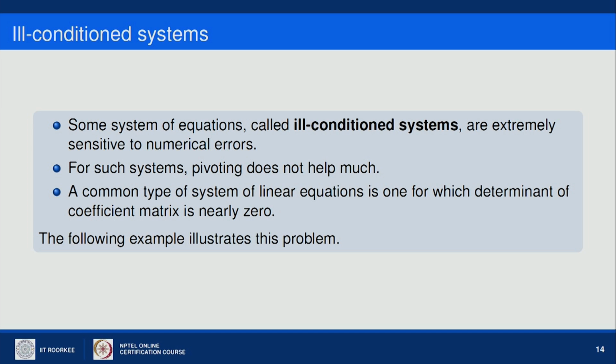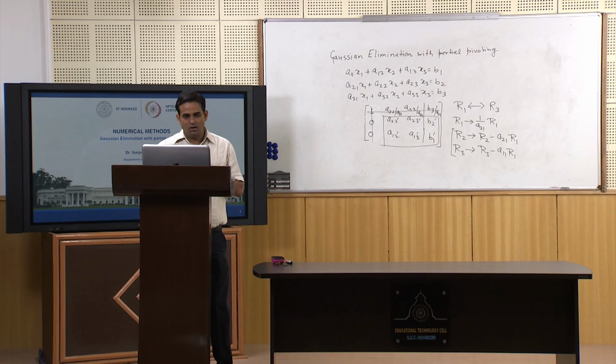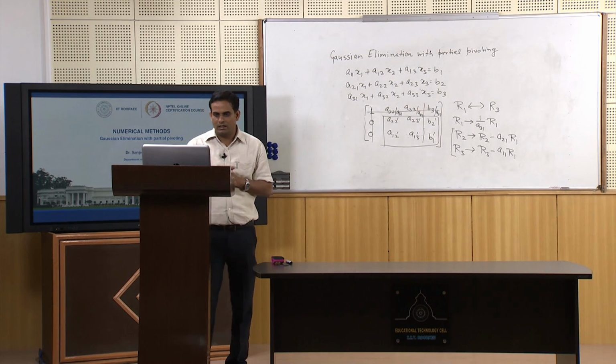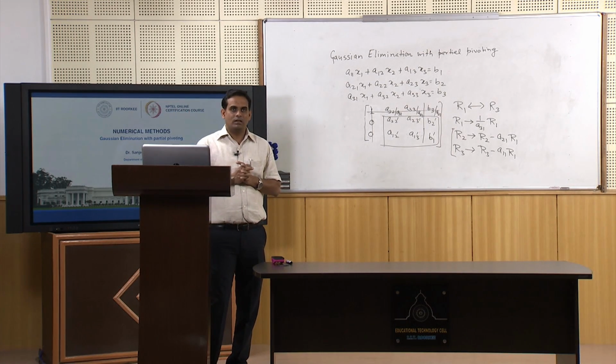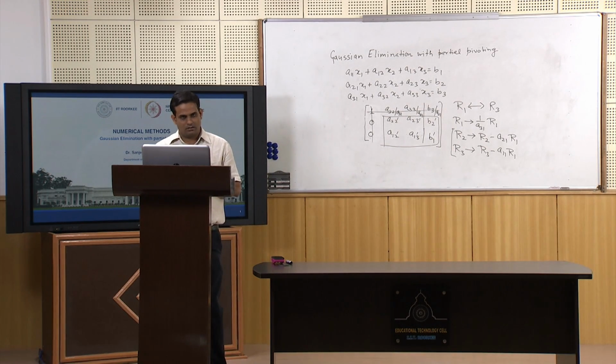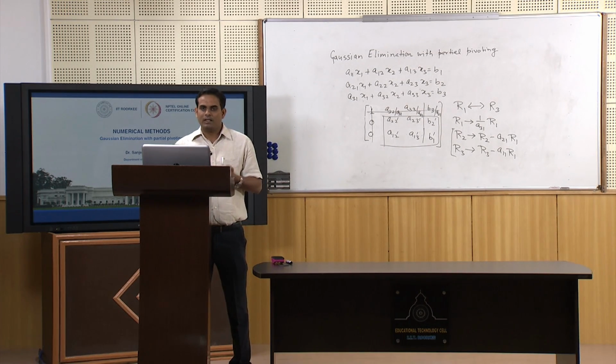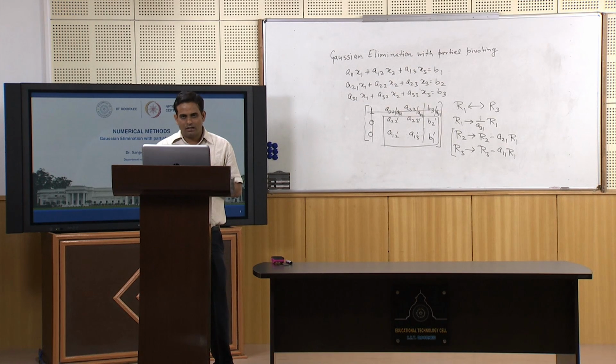Some linear systems, those that are ill conditioned, are extremely sensitive to rounding off error or any other kind of numerical errors. For such systems, pivoting does not help much. Even if you use partial pivoting or full pivoting, we can have an incorrect solution using the numerical scheme.